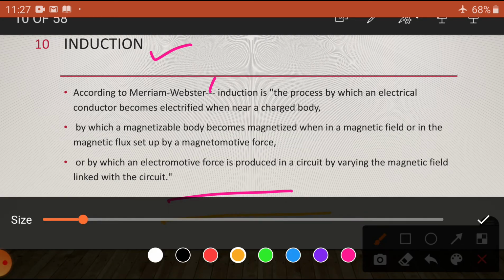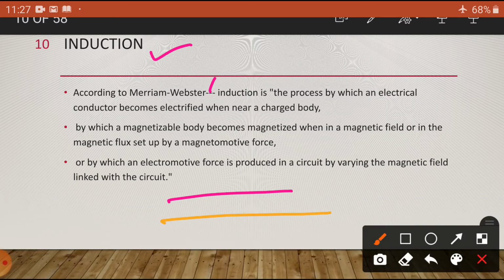When the current I flows through this conductor, it produces its magnetic field along the conductor, and in the air gap it covers the nearby conductor.